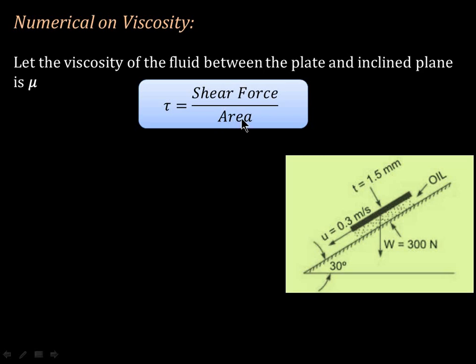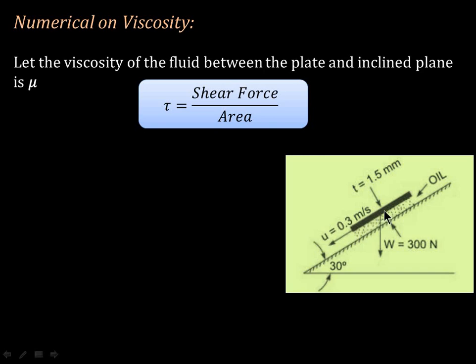The area of the plate is given, but how can we get the value of shear force? For that we have to understand what shear force is and what its location is. Shear force is the force which is along the direction of the plate, or parallel to the square plate. Basically this arrow which represents the movement of the square plate with a velocity u equal to 0.3 meter per second, in the same direction we will have the shear force.